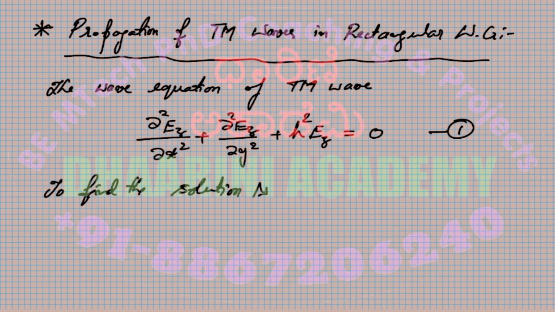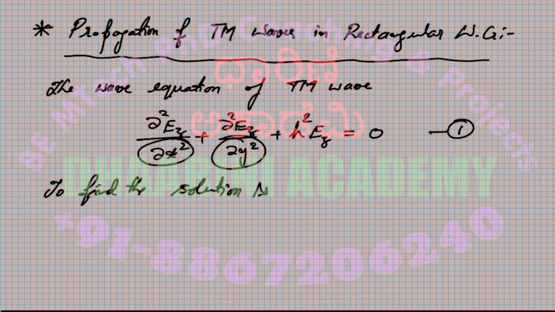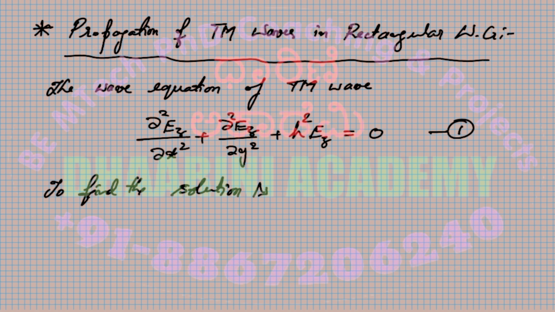Let me bring that into the picture now. You start by assuming that I have two functions, because there are two variables. Ez is going to vary with x and y.